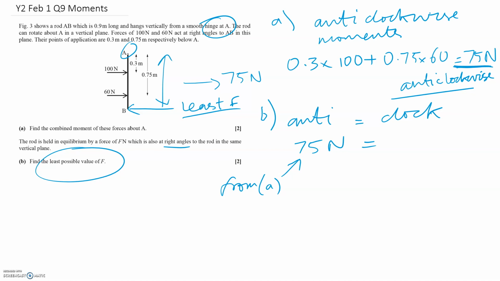Oh yes, so it tells us it's 0.9. So 0.9 meters times by F will be the clockwise forces. So to find F, all we need to do is divide 75 by 0.9 and do that on your calculator, and you'll get 83.3 newtons to 3 significant figures.